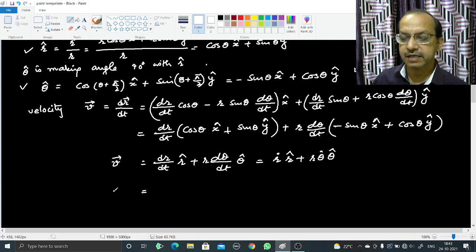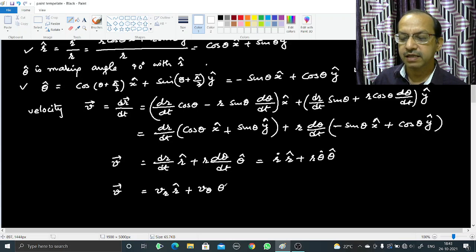You can denote these components as Vr and V theta, the components along r cap and theta cap. The component along r cap is Vr, and the component along theta cap is V theta.